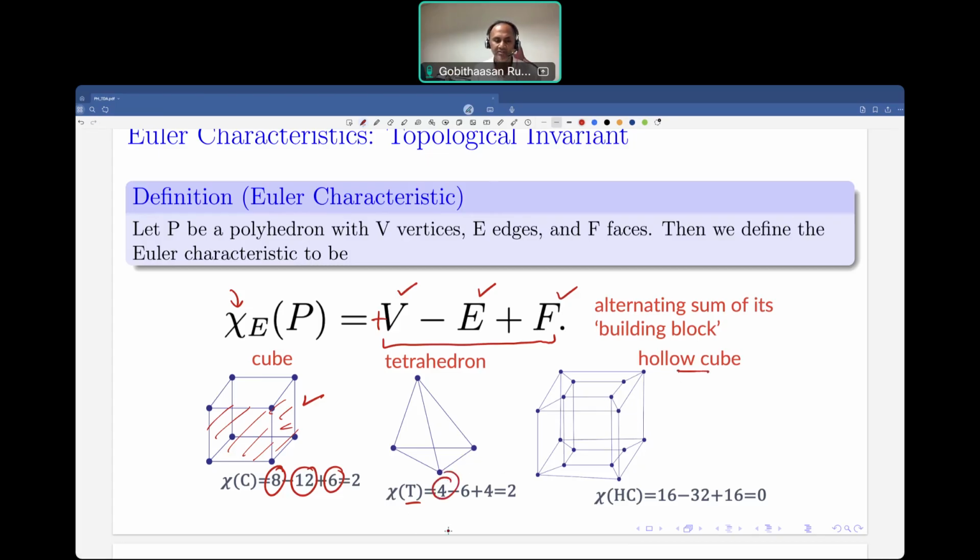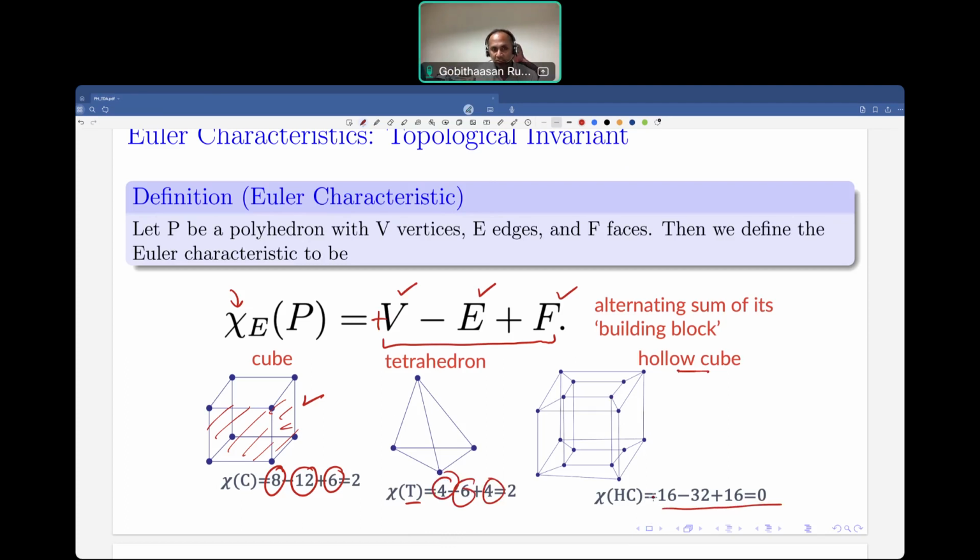So it is the number of vertices minus the number of edges plus the number of faces. Same goes for the hollow cube. So we get to encode its Euler characteristic, computed from the alternating sum of its building blocks, vertices, edges, and faces. So we get one number.